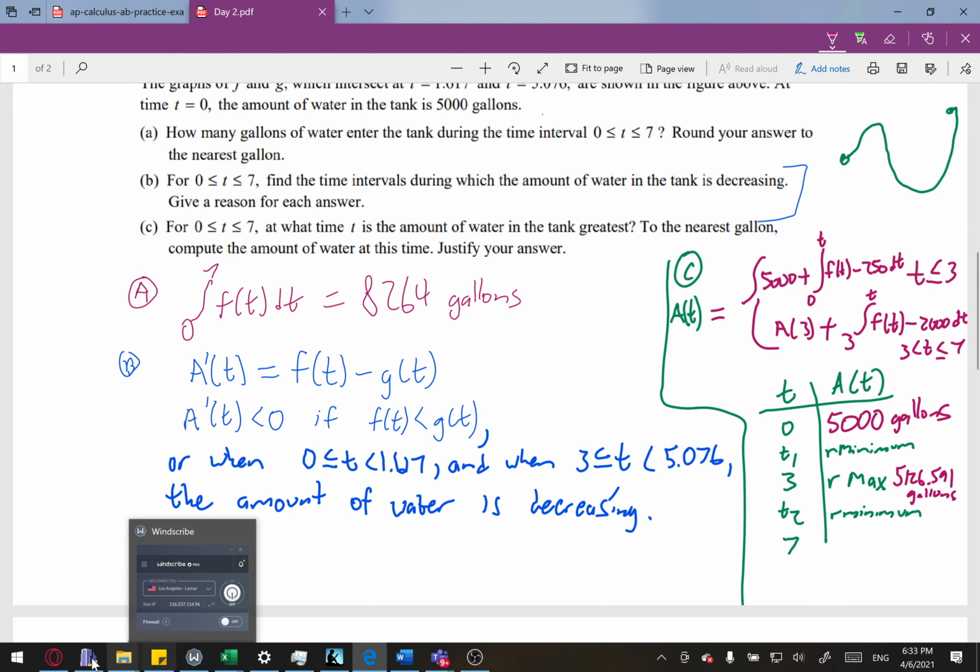So I'm going to take that answer, and I'm going to add the integral of our variables, y variables, function y1, which is our f again, minus 2000, in terms of x, from x is 3 to x is 7. Okay, and our amount at time 7 is 4,513.807 gallons.